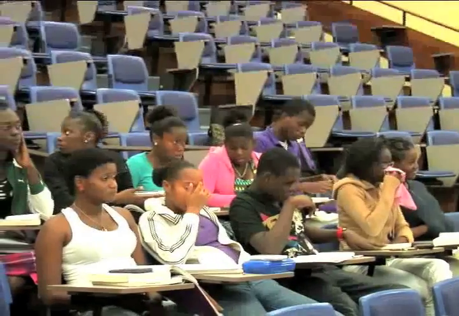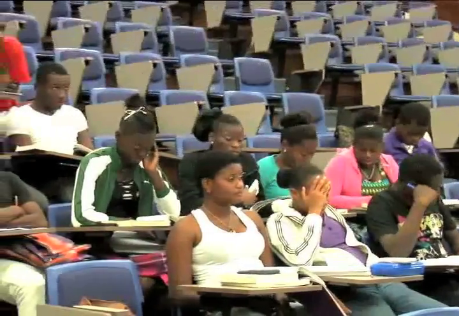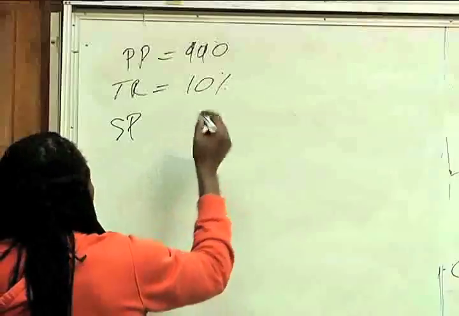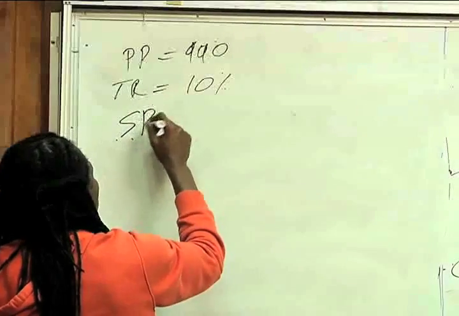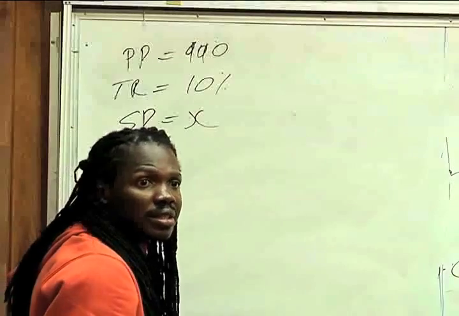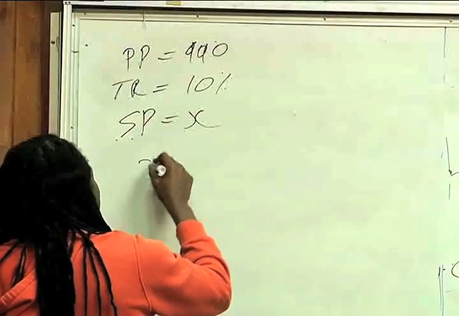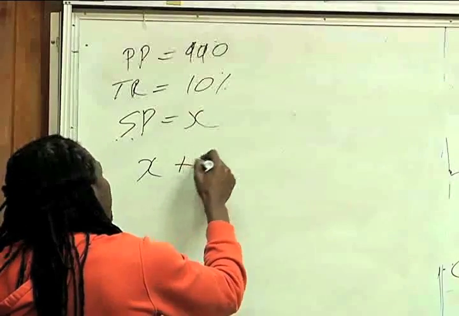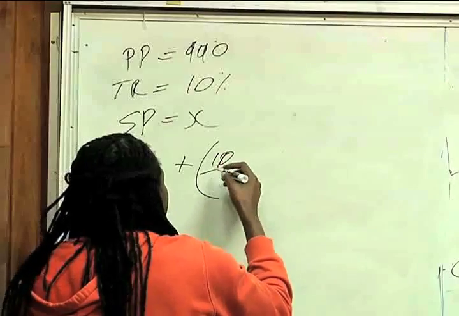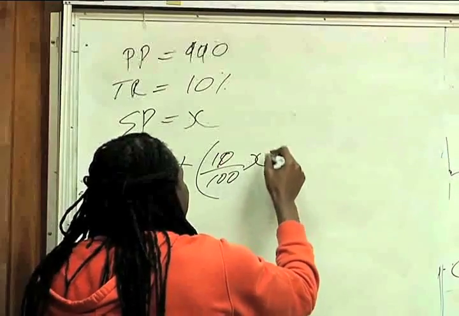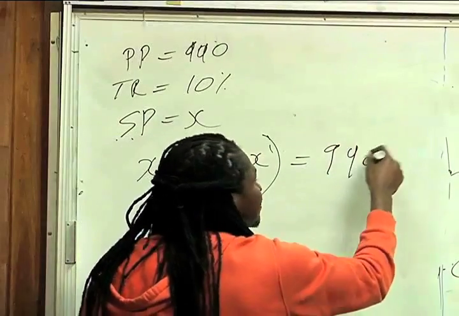All we're saying is that SP is unknown, not true? X. So I use X for SP. So all we're saying is that X plus 10% of X equal 990.